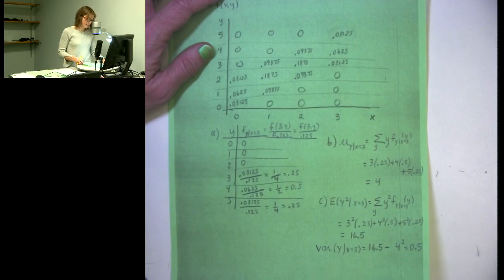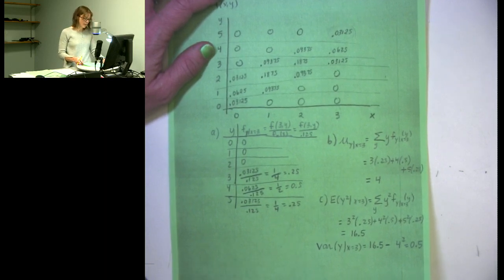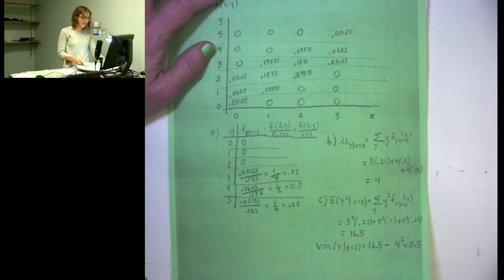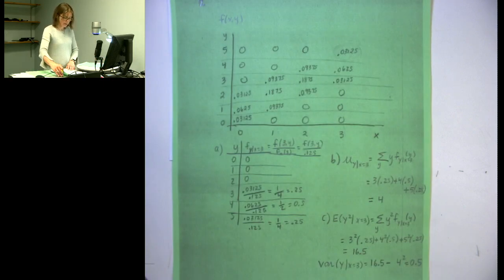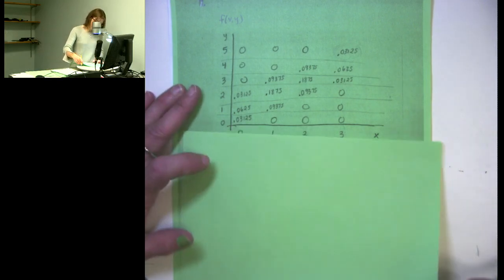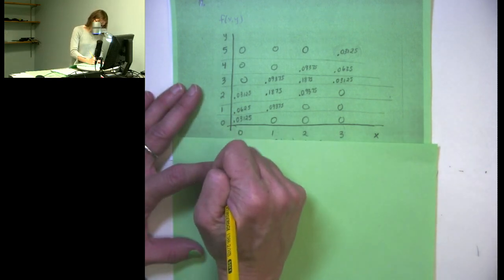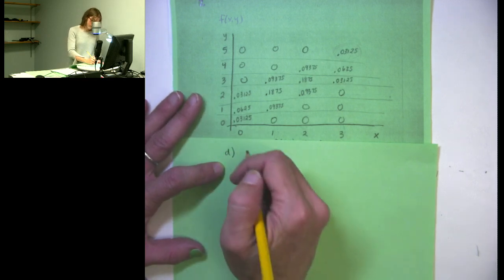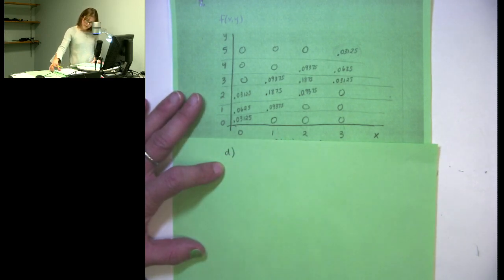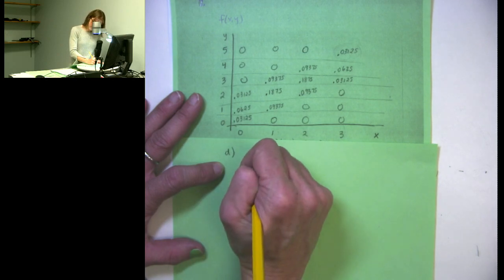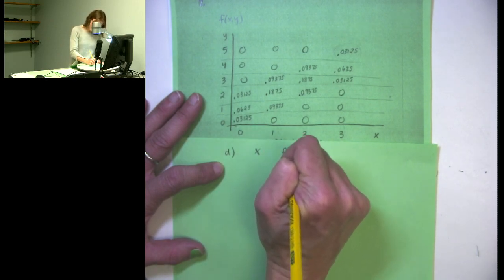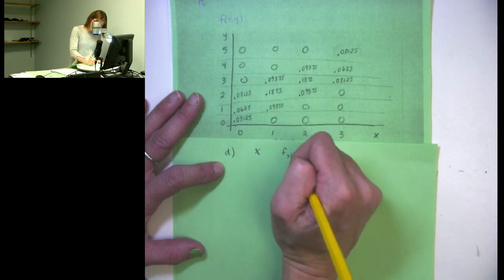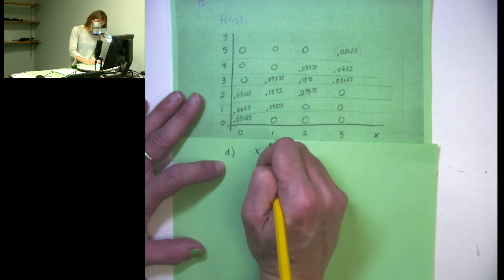Part D asks to find the conditional probability mass function of x given that y is equal to 4. So again, I'm working with this distribution. I've got to take x, and I'm going to be looking for the probability that x takes on that value given that y is equal to 4.